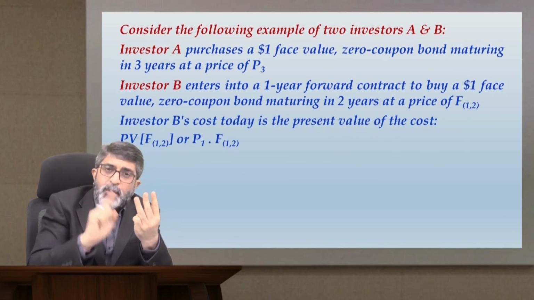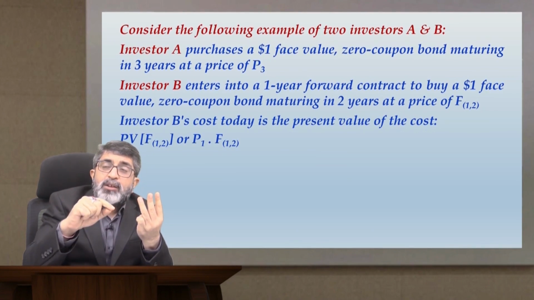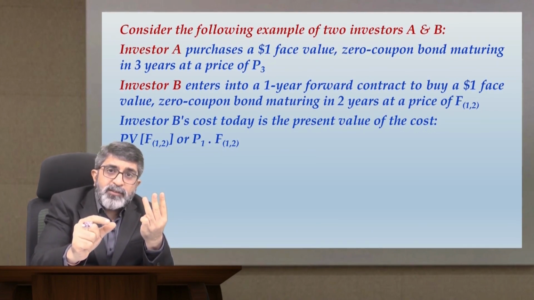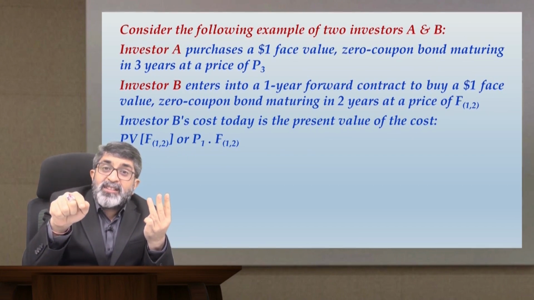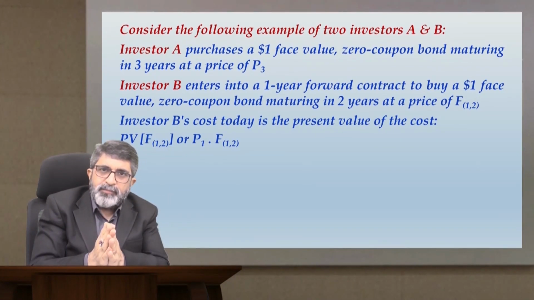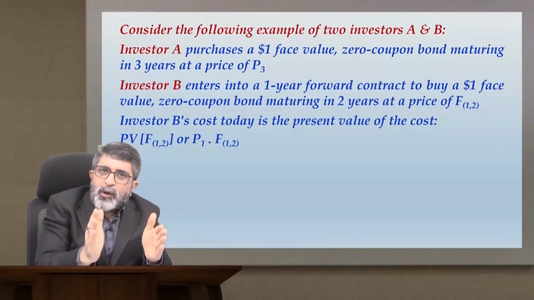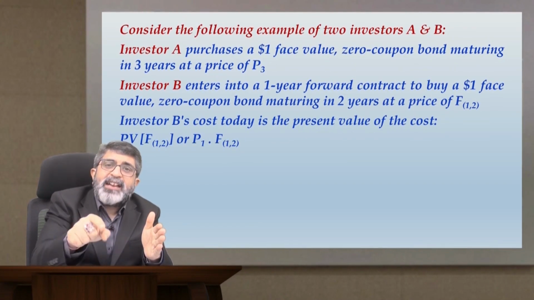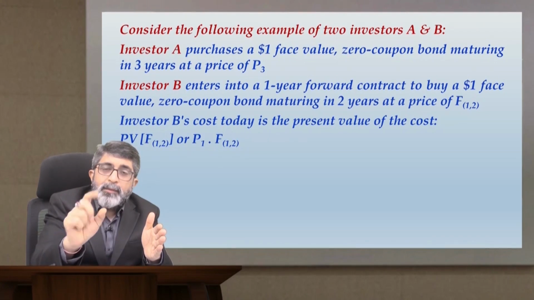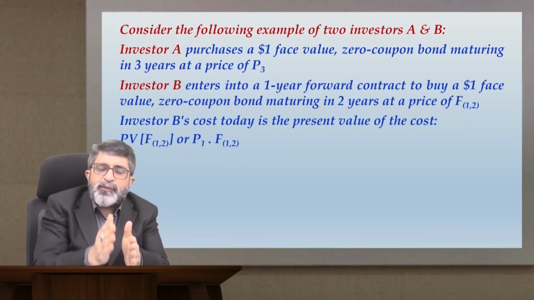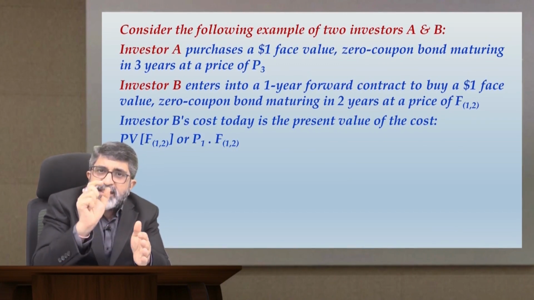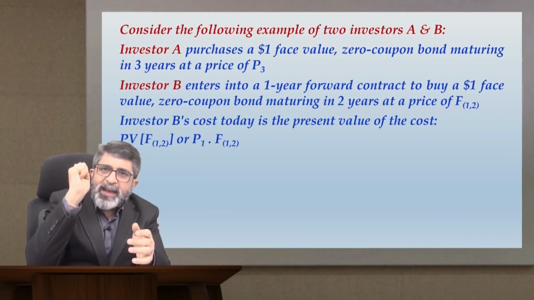You identify the spot rate for 3 years and you find the discount factor for 3 years. So it will be $1 divided by 1 plus S3 raised to 3. So you will get the discount factor for 3 years. That is basically P3. That is the amount invested by investor A.